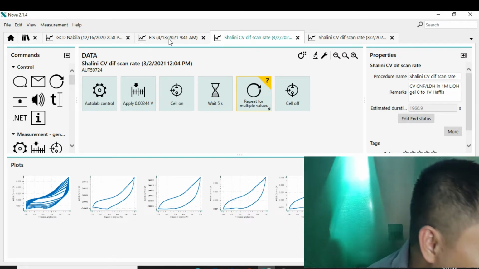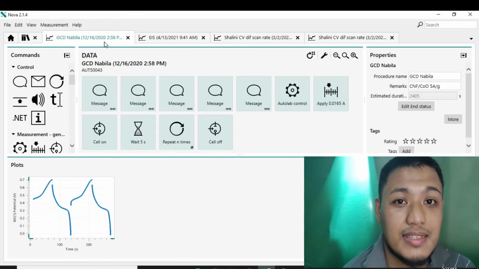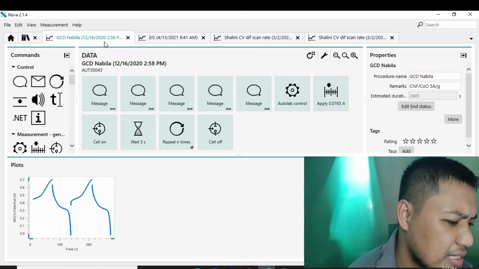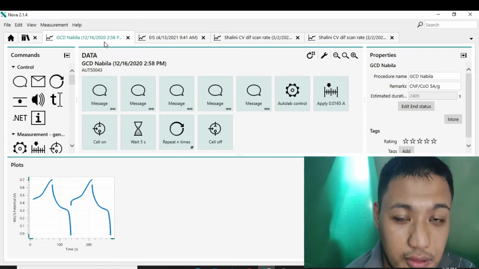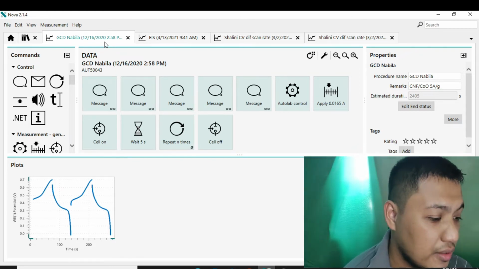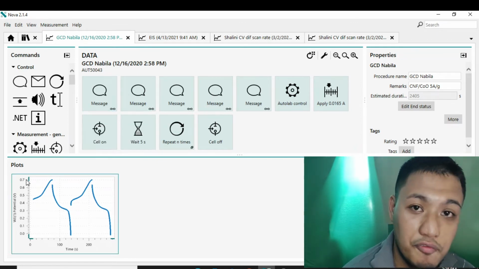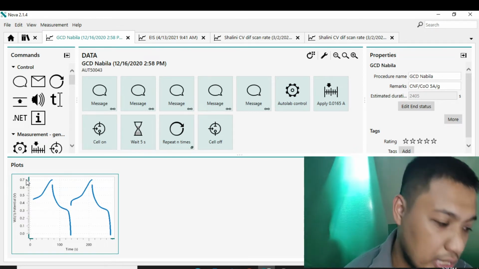Now you're going to do the analysis of GCD, galvanostatic charge discharge. For galvanostatic charge discharge, you should already know the potential window from the CV. For example, if you ran from 0 to 0.7 volt, then in the GCD you should fix the potential at 0.7; it should achieve that potential.